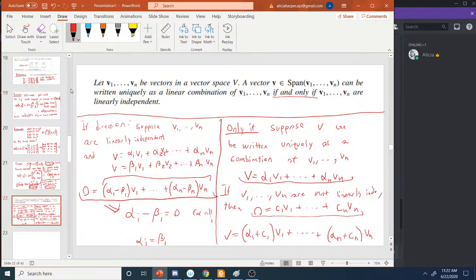But because all these ci's are not equal to 0, this is a different expression than this. But that's a problem because it contradicts this assumption. We assumed V could be written uniquely in terms of v1 through vn. And so we obtain a contradiction.